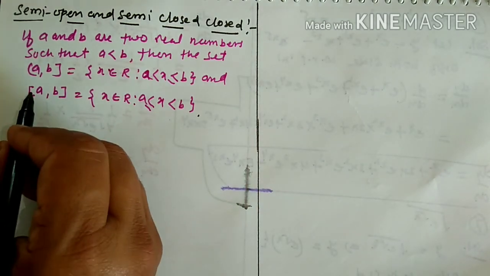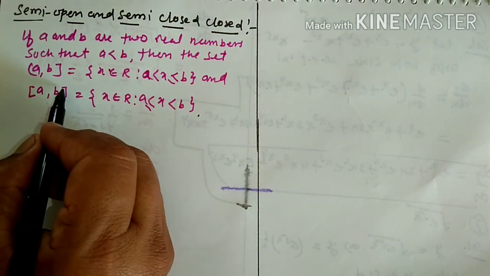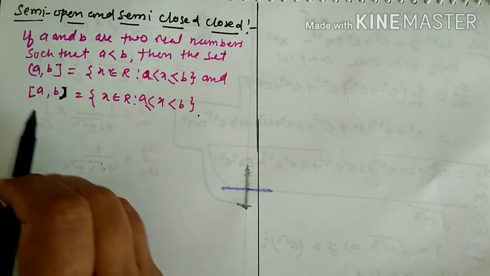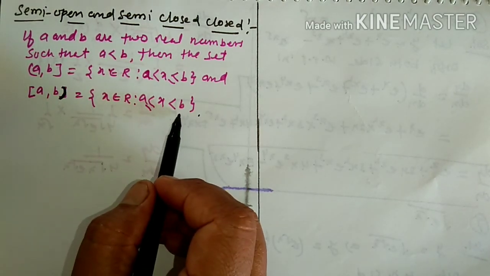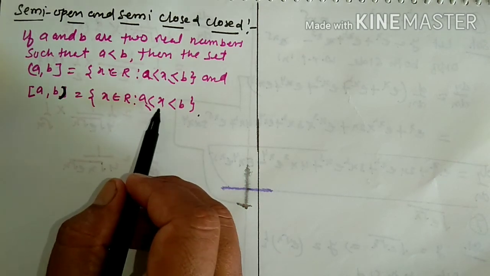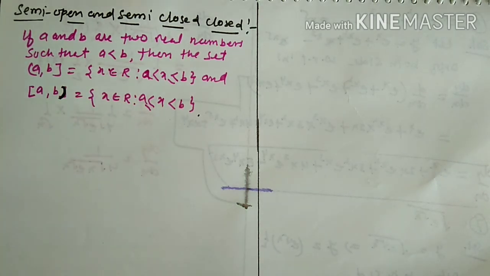Similarly, this is closed at a and open at b, which means we will not include b, and we take greater than or equal to a but less than b. Clear? So this is your open and closed interval. In the next video I will discuss the universal set and the power set.